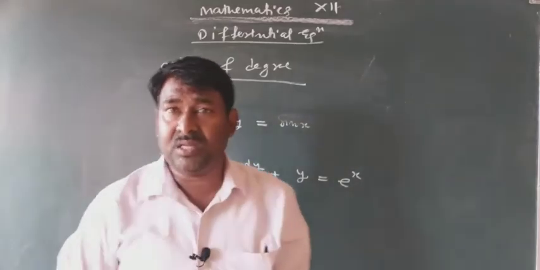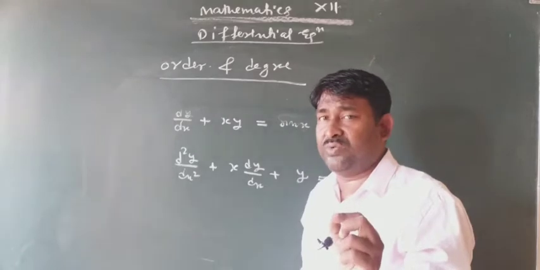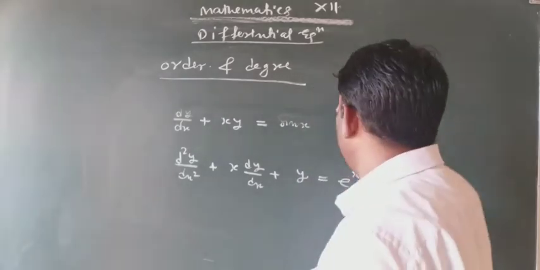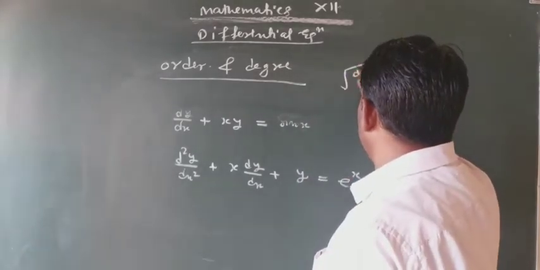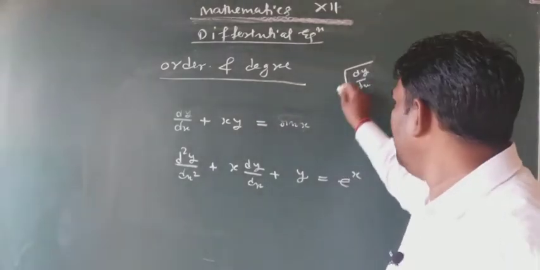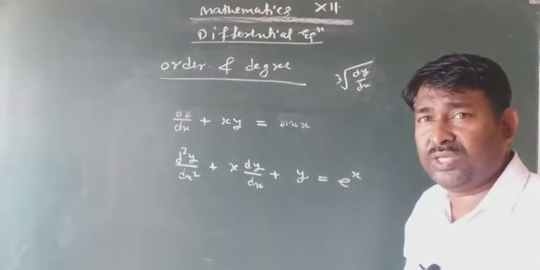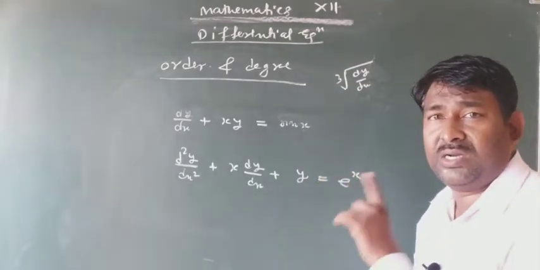What do you mean by radicals? It must not be within a cube root or a square root. If dy by dx is under a root, first of all you need to remove the root, or if it is a cube root, first remove the cube root, and only then find order and degree.